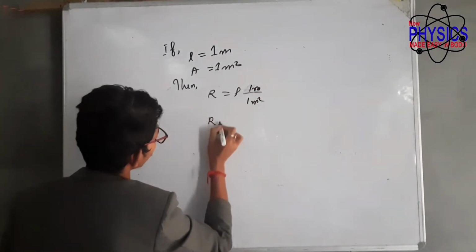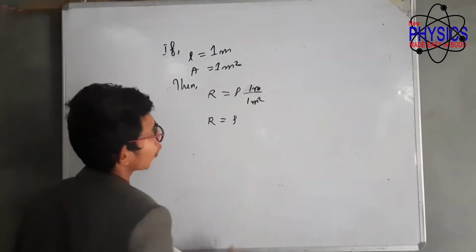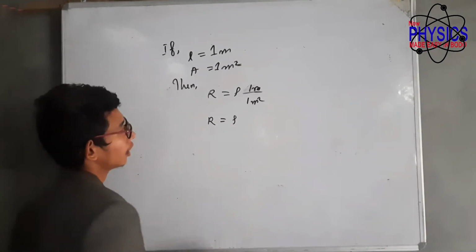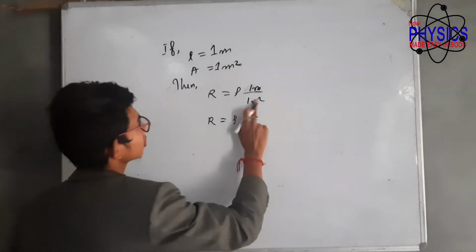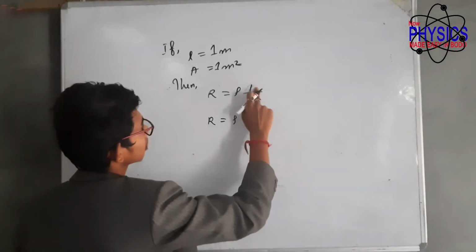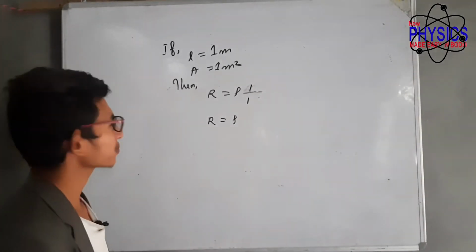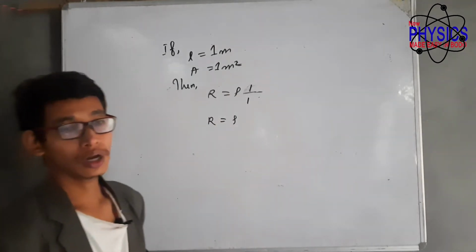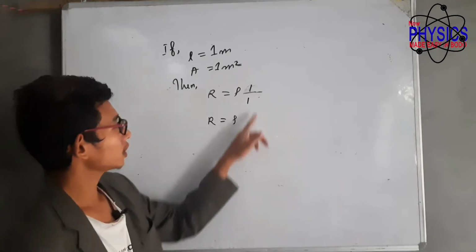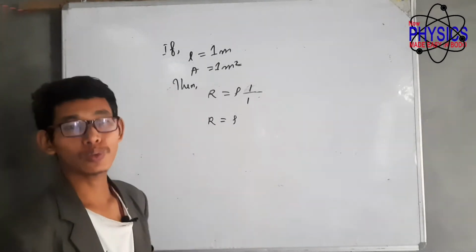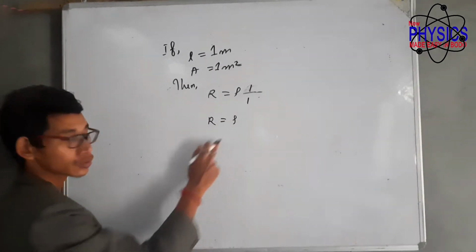You will get R equal to rho, times 1 per meter. So just calculate this. What is the unit of resistance? Ohm. And what is remaining? Meter only. So this will be ohm meter. So R equal to rho.